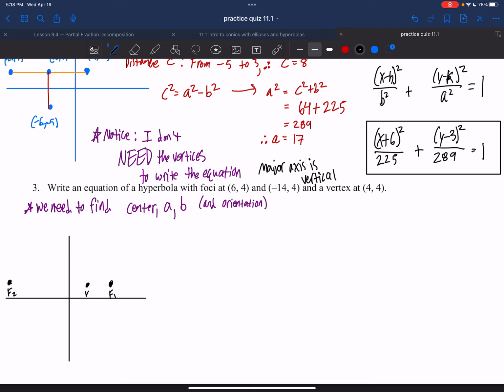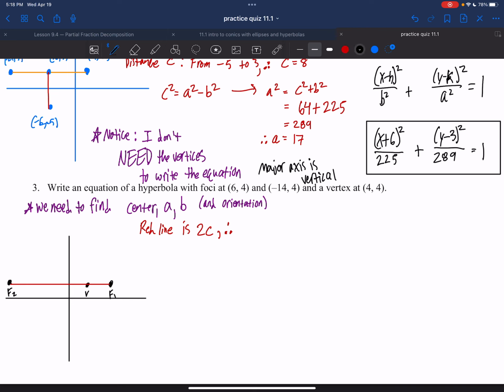So the question is, how do I find the center? Well, from this focus to this focus, this red line doesn't really have a name. It's the transverse axis, but extended to the foci. This red line is 2C.